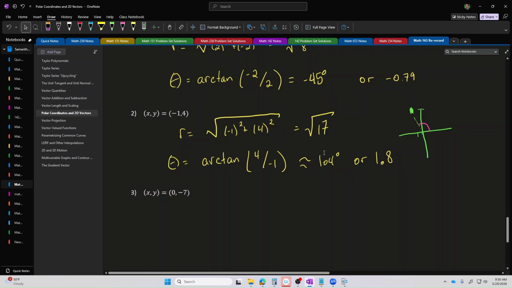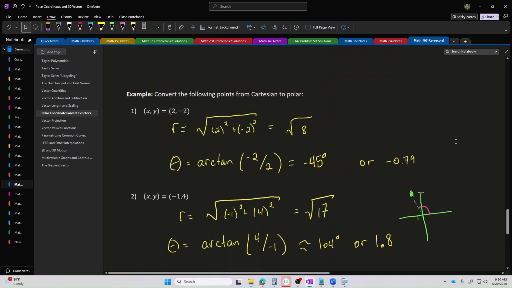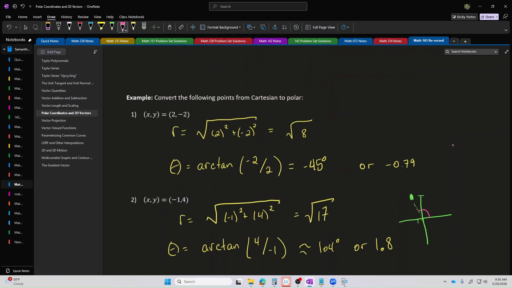This value of theta makes sense for this location. Likewise, this value of theta from the previous problem, -45 degrees, makes sense for the point that I was given, with a positive x value and a negative y value. This point is down here in the fourth quadrant, so getting a value of -45 degrees makes sense for that angle.